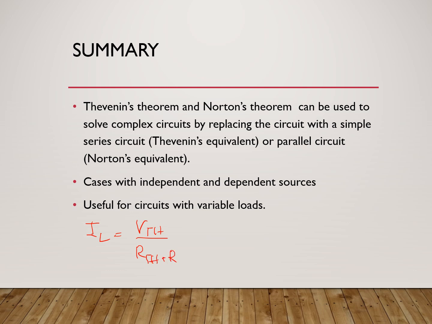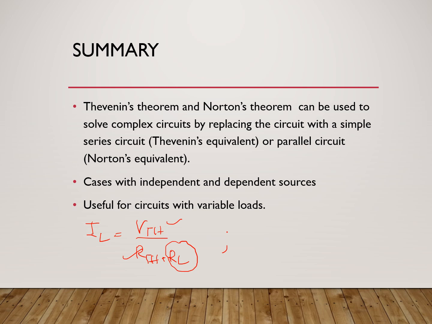If only the load is going to be varied, VTH and RTH remain the same for the circuit. So once we find out VTH and RTH, this procedure need not be repeated, and you have to just replace it with the load resistance. So for variable loads, this theorem becomes very handy.